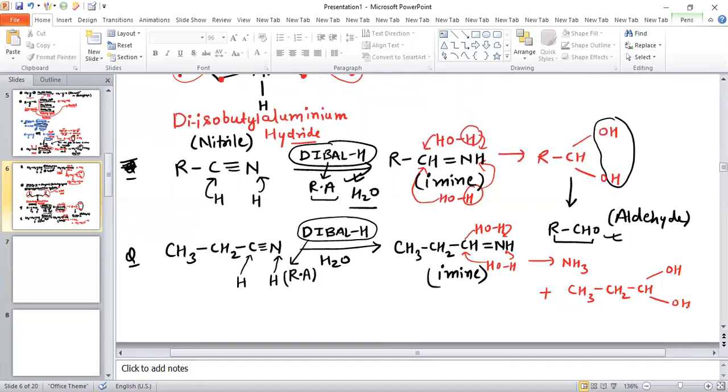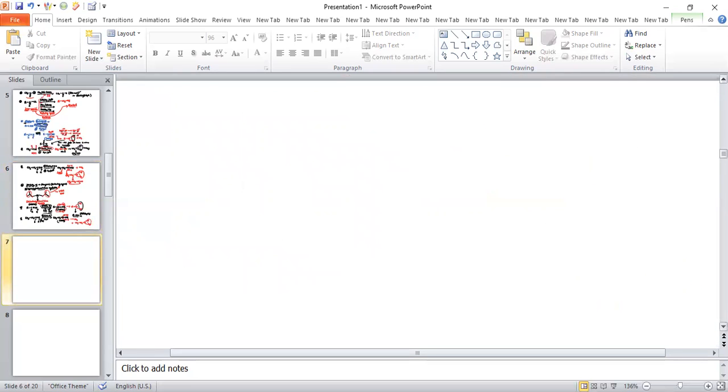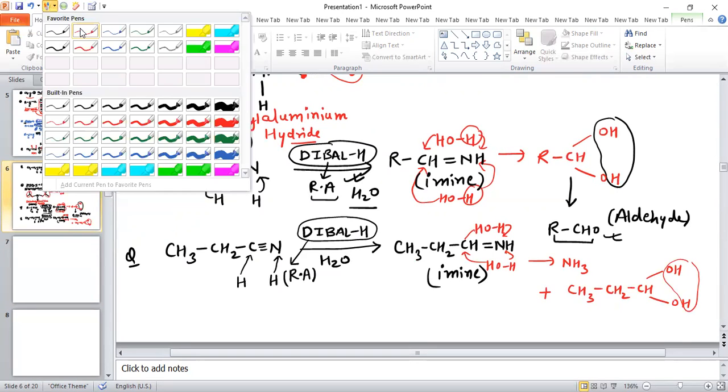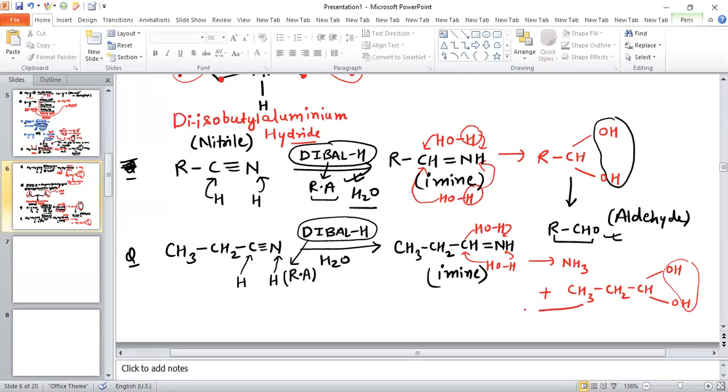So water is removed. When water is removed, the product obtained will be like this: CH3CH2CHO. So propanal is obtained as a product.